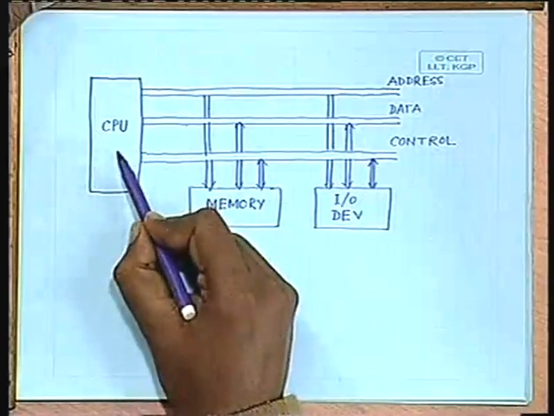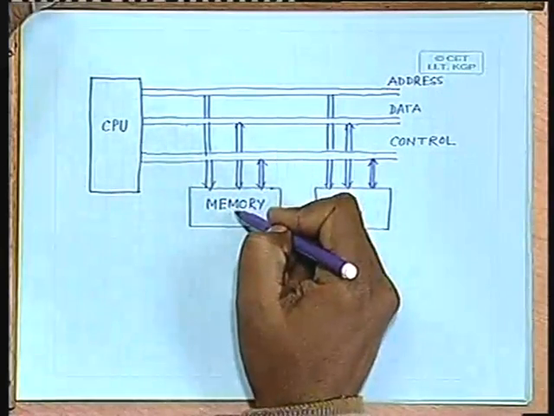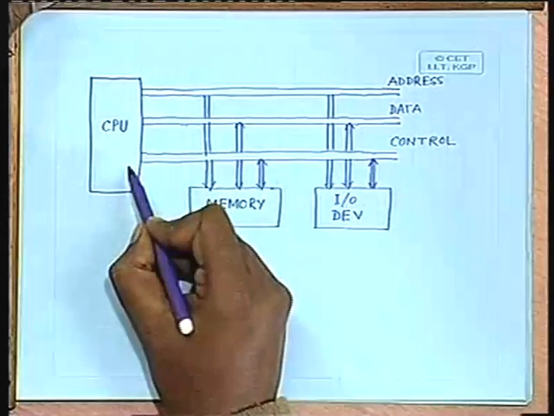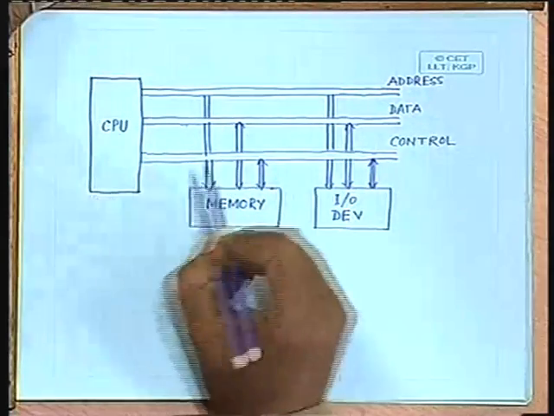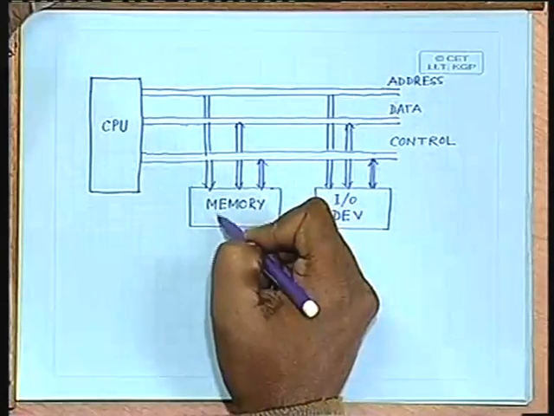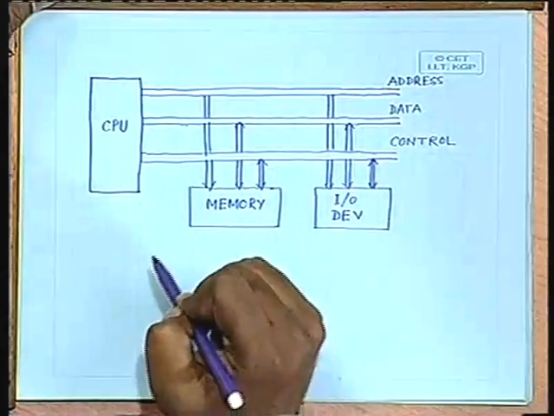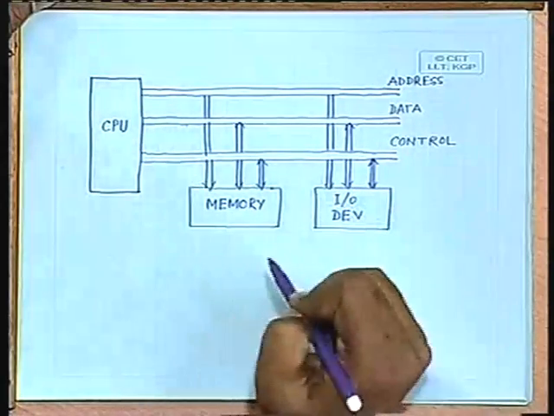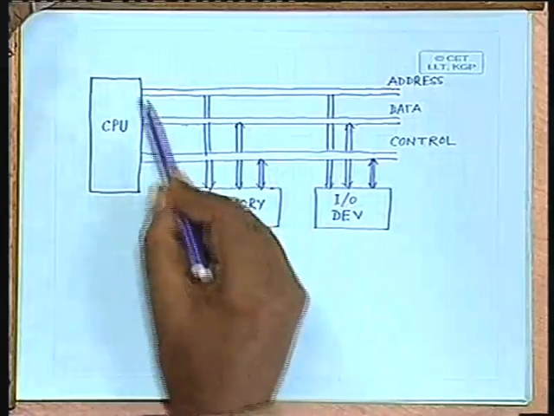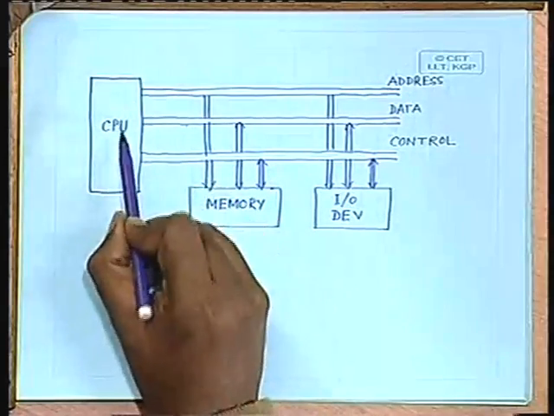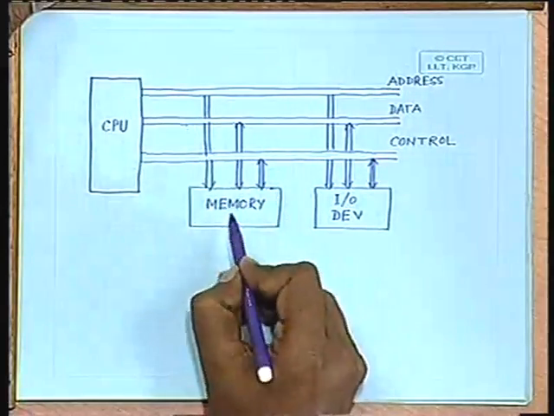Similarly, whenever the CPU wants to write some data to any memory location, it is the CPU which will specify the address of the memory location to which the CPU will write the data. Similarly, for input output devices. So, addresses are generated by the CPU. Address is not generated by the memory, neither is it generated by the input output device.